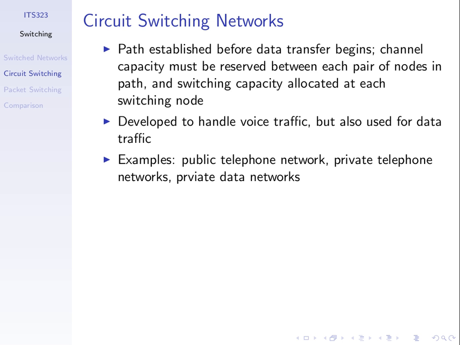And let's say the capacity of this link is 100 megabits per second, and here 50 megabits per second. So the capacities of these two links between node 4 and 7 are 100 and 50 megabits per second respectively.